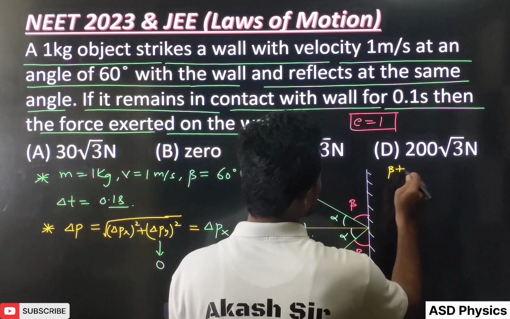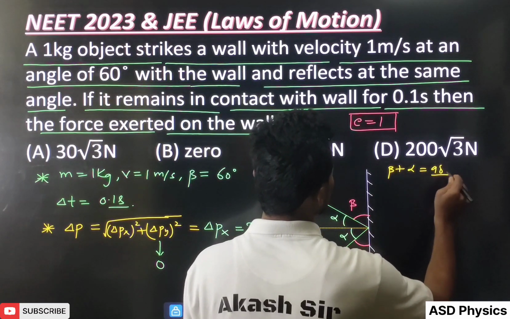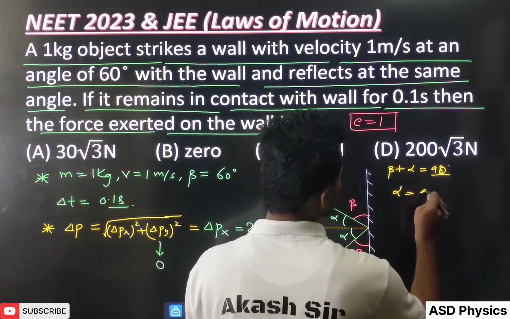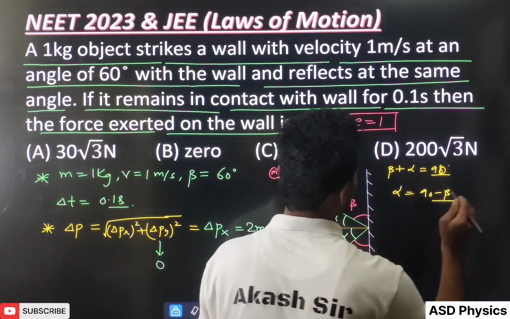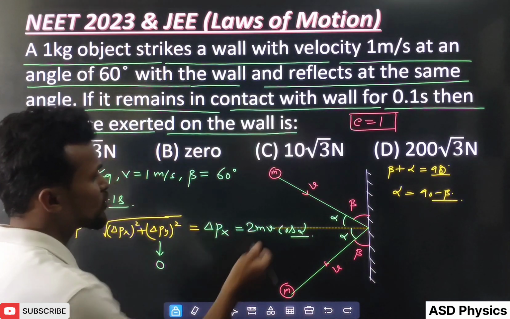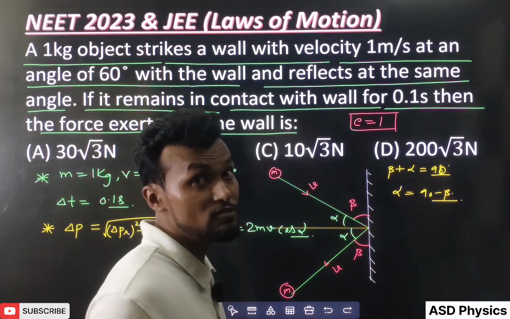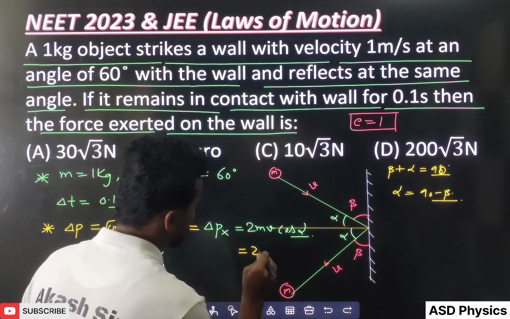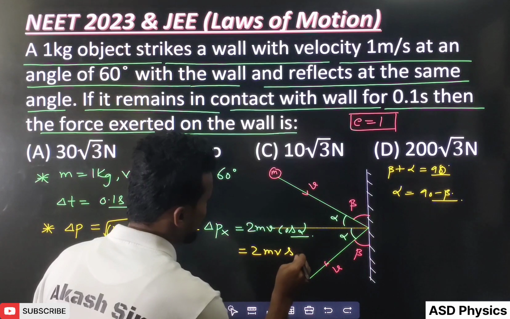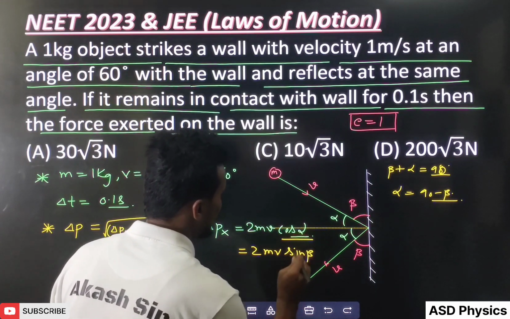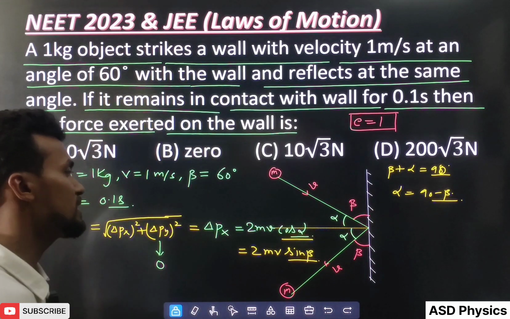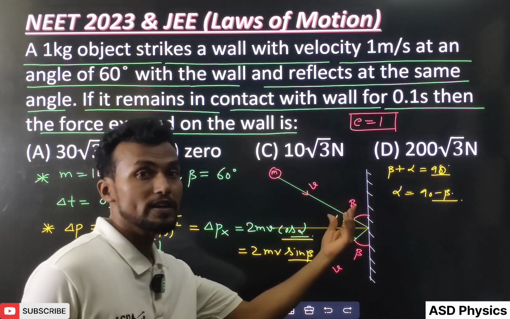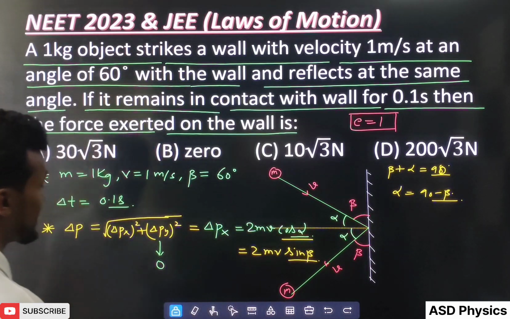You know very well that beta plus alpha equals 90 degrees, so alpha is 90 minus beta. I am just telling you the basic: cos(90 minus beta) becomes sin beta. So you can write 2mv cos alpha, or 2mv sin beta, anything is okay. If you write in terms of alpha, it is 2mv cos alpha. If you want to write in terms of beta, it is 2mv sin beta.